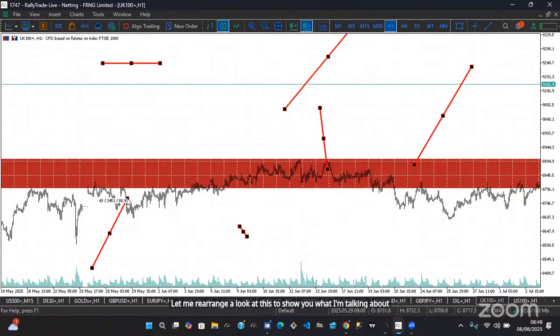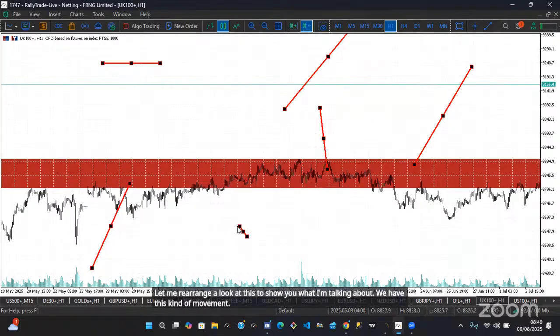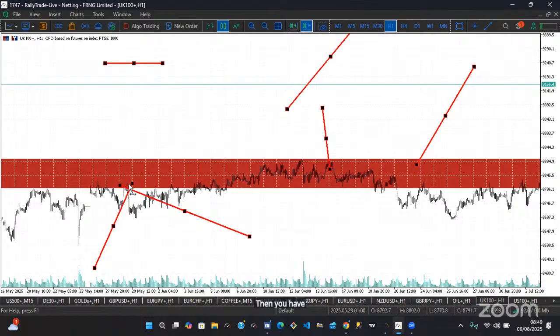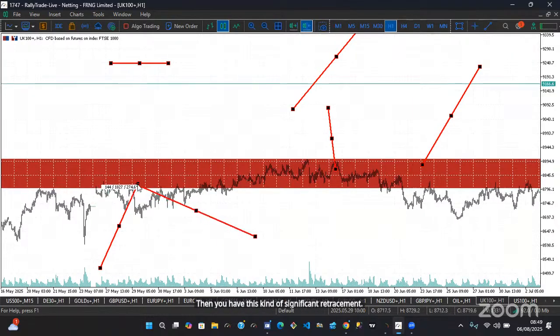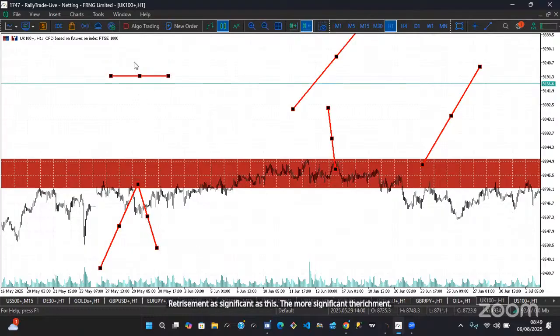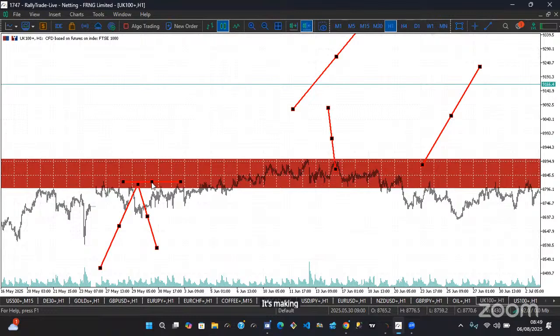Where you have this kind of movement, then you have this kind of significant retracement. Retracement as significant as this. The more significant retracement, it's making this place much more significant.